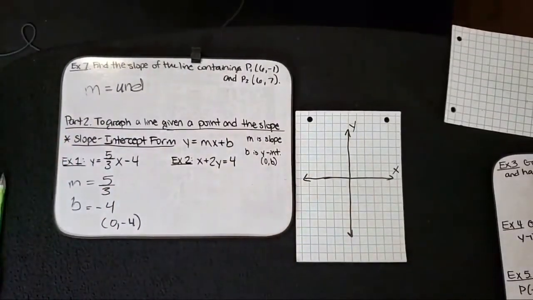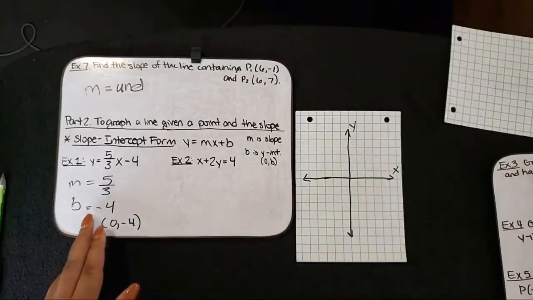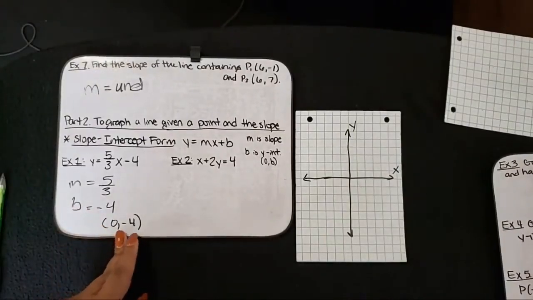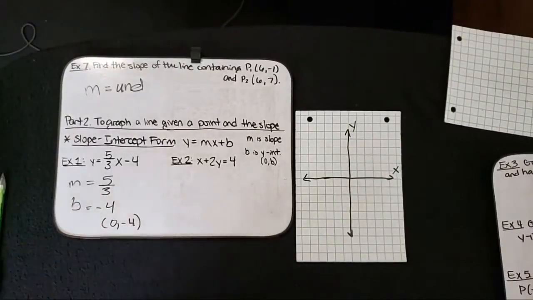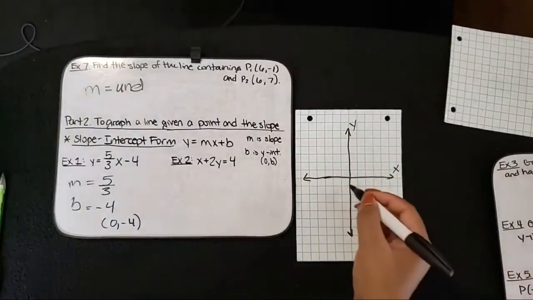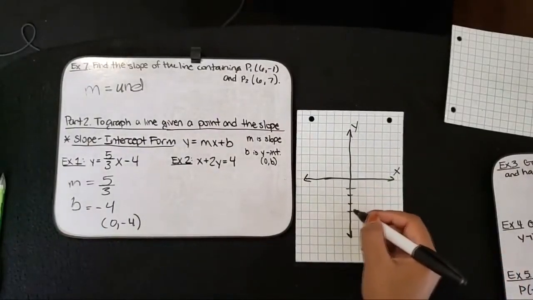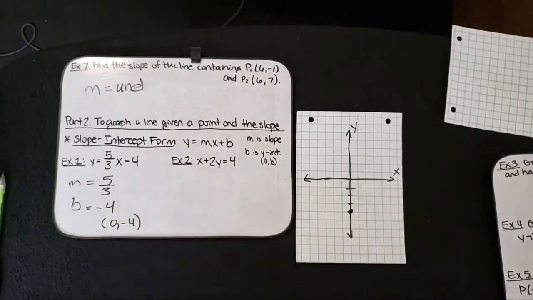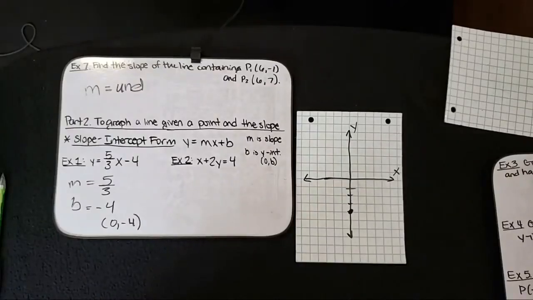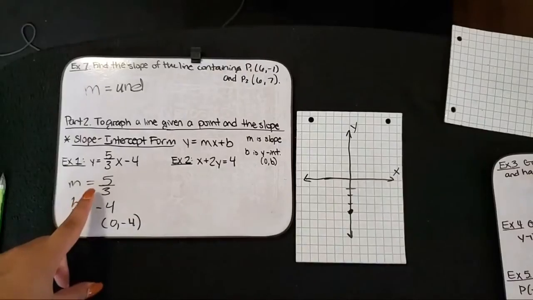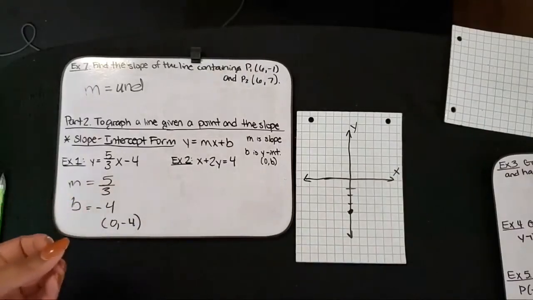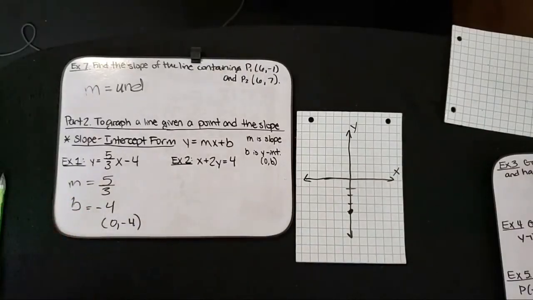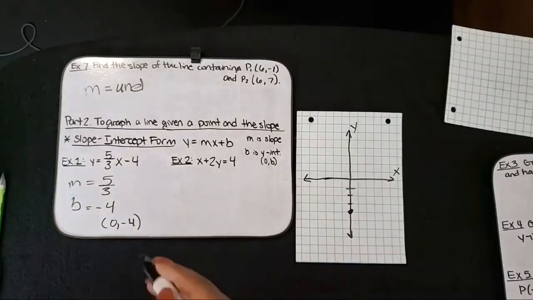So the first thing we need to do for example number 1, we need to plot the y-intercept, which is (0, -4). So that's negative 4 on the y-axis. Then from there, we do our slope. Remember I told you guys that the slope was the change in y over the change in x.